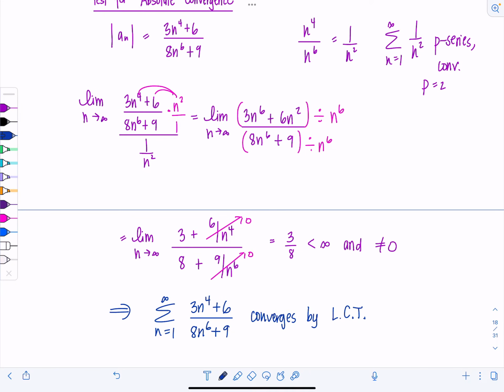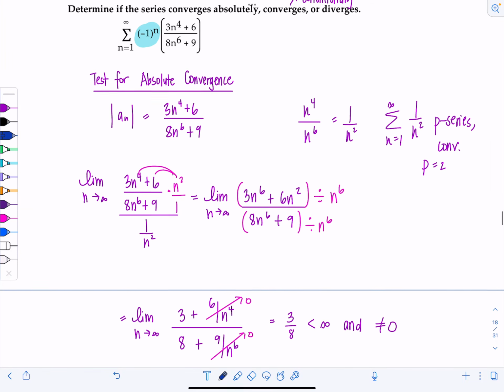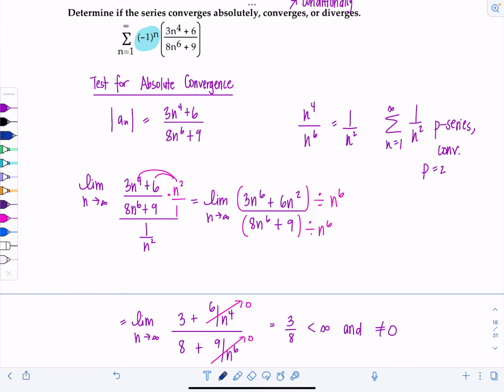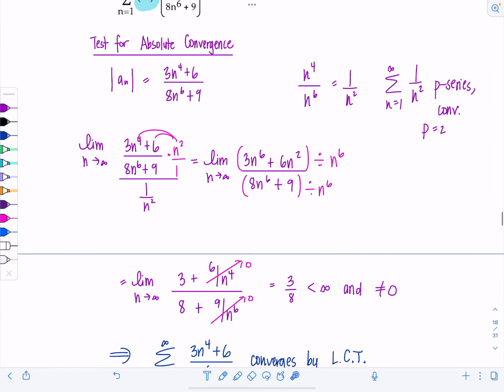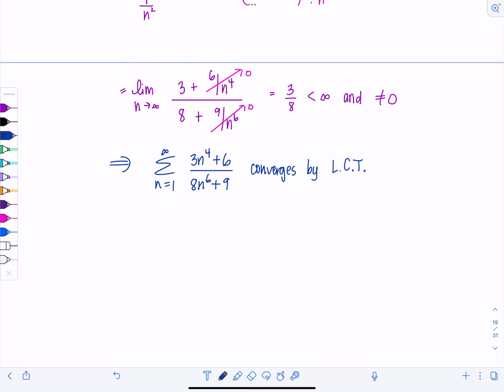That means that the original series converges absolutely because even without the alternating part, it converged. So then I can say the original, sum n equals 1 to infinity of (-1)^n (3n^4 + 6)/(8n^6 + 9), converges absolutely.